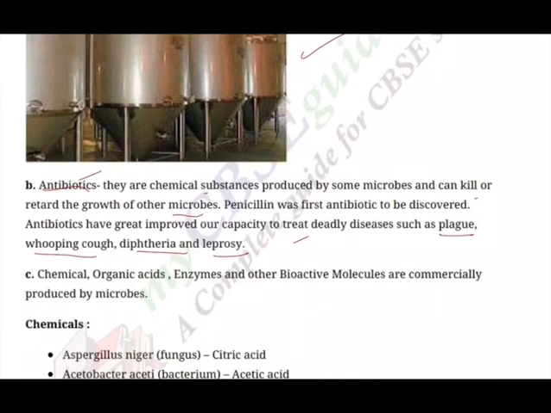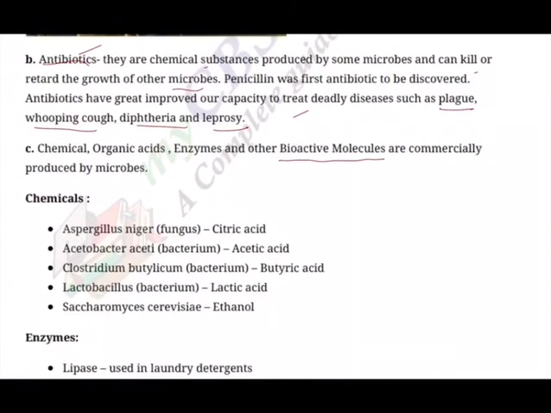And some microbes are used to produce chemicals and organic acids, some act as enzymes, and some are used as bioactive molecules. They are all produced from microbes. For example, citric acid, a very useful chemical, is obtained from the fungus Aspergillus niger.